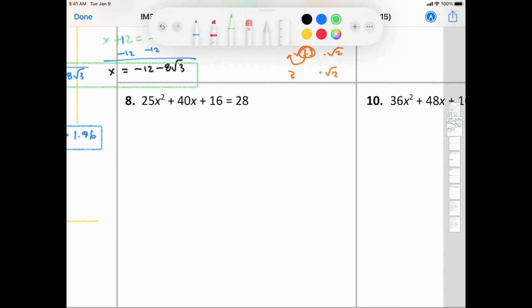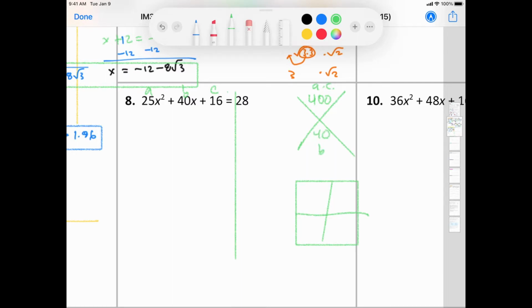Alright, number 8. Let's go ahead and factor the left side. A, B, and C. So A times C, that would be 25 times 16. I have a calculator here. 400. My B value is 40. So what's nice is right now the numbers are the same, 20 and 20.